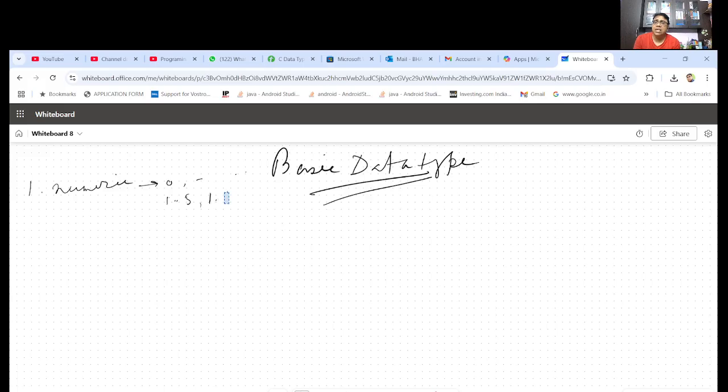There are many numbers inside the numeric category. Number two is characters, meaning alphabets, capital A and small a, capital Z and small z. These character sets can be used as data for your programming.